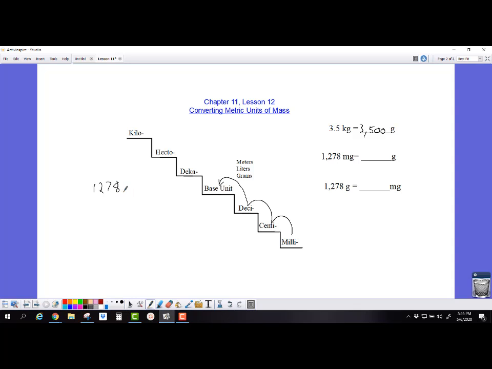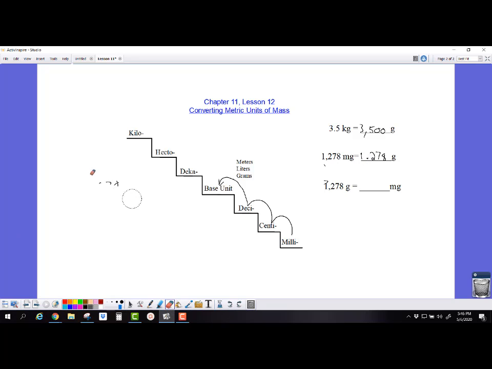So we don't see it here. If it's not in sight, it's to the right, just like every decimal. So we need to move that decimal 3 places to the left. So we go 1, 2, 3, and our decimal goes there. So that then our answer would be written as 1 and 278 grams.